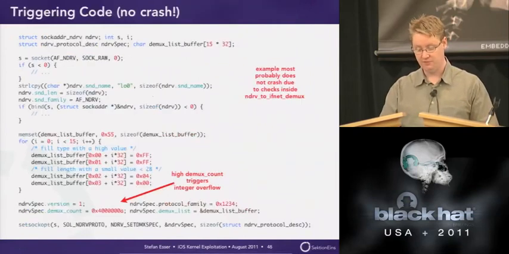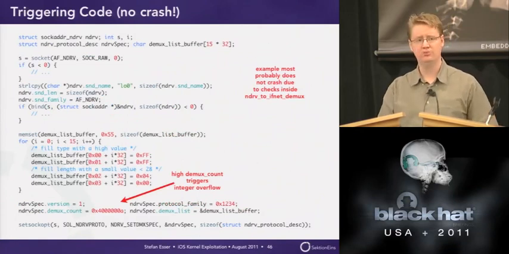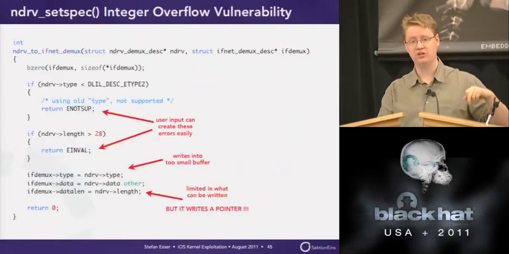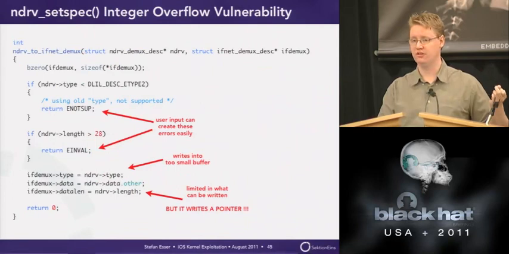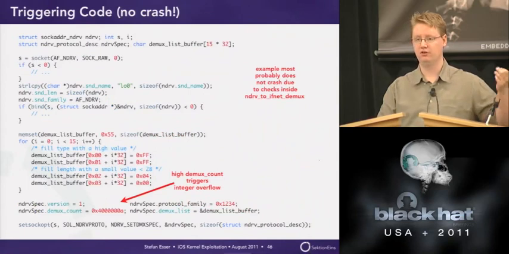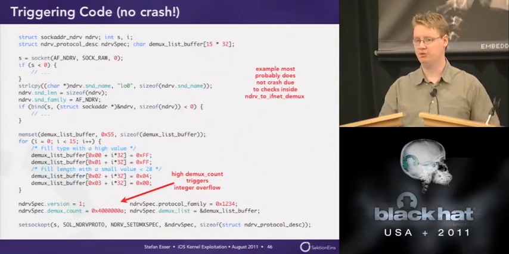If you want to trigger that, this would be the code. The problem is that when you execute this code, it will not crash, because the checks are so good that these two checks in the beginning of this function will most likely stop the execution in the very first loop of the overflow, so they will just drop out and there will be no overflow.